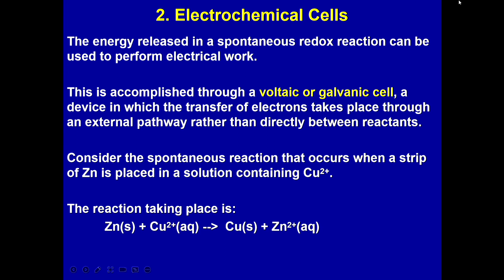But for the design of electrochemical cells, we can't mix the reactants together. We just separate them, and then we can achieve the electron transfer. So this process takes place through an external pathway.